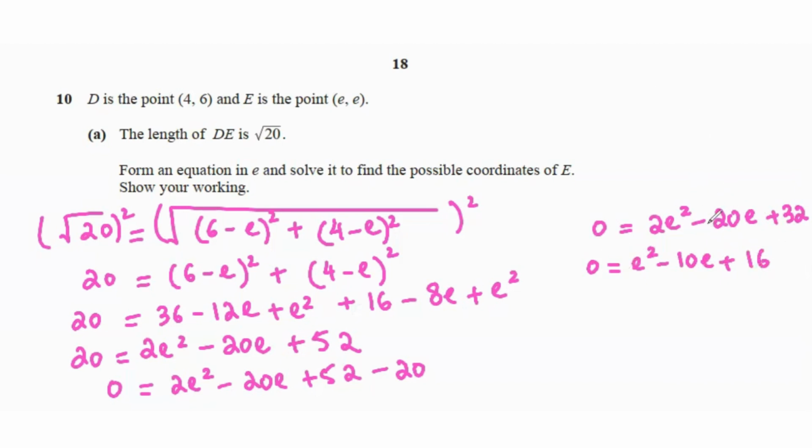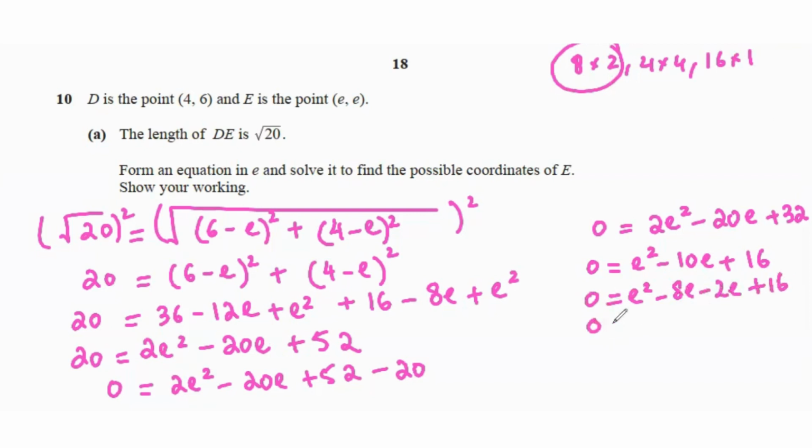1 times 16 is 16, and factors of 16 are 8 and 2, 4 and 4, and 16 times 1. I'm going to choose 8 times 2 because 8 plus 2 gives us 10. So 0 equals E square minus 8E minus 2E plus 16.